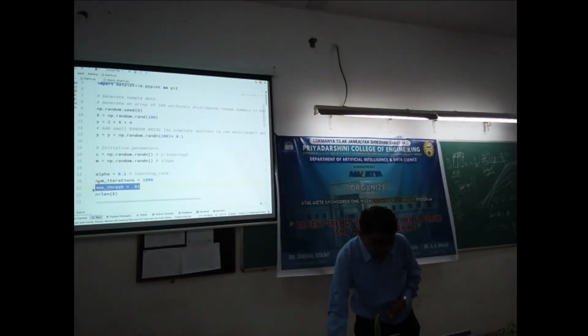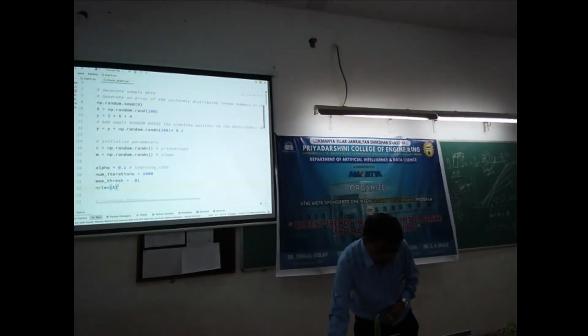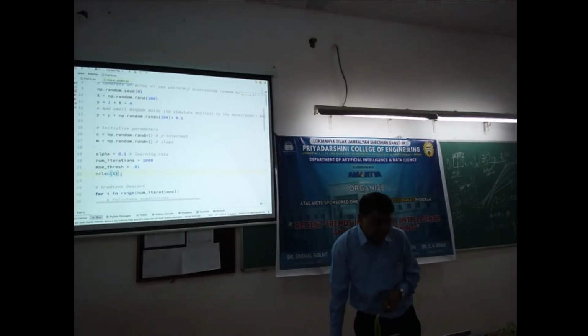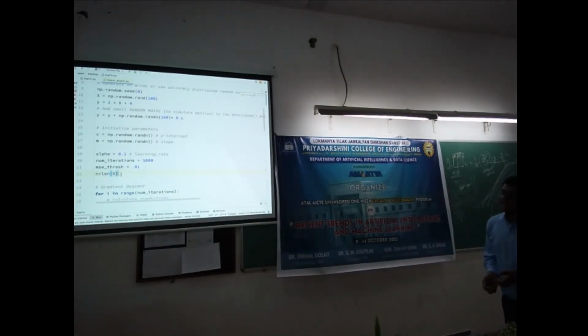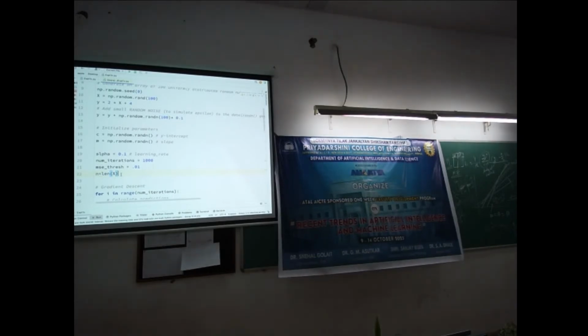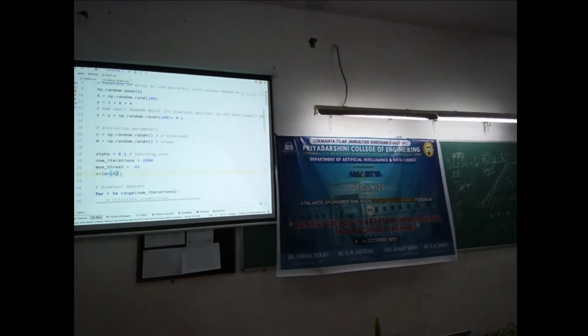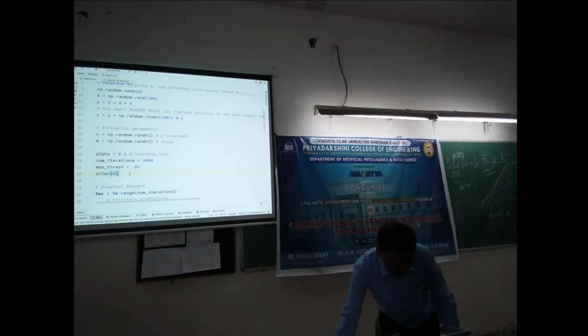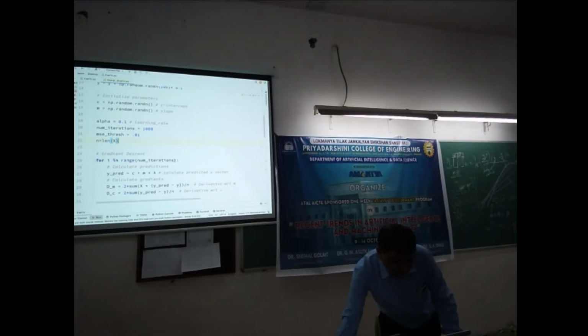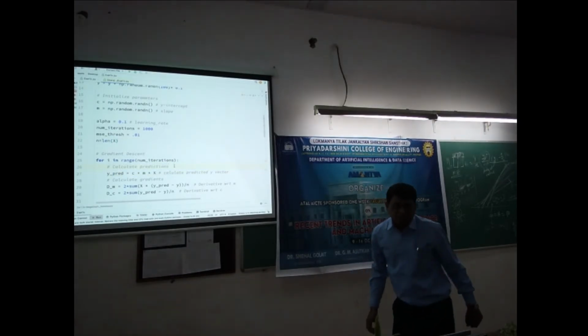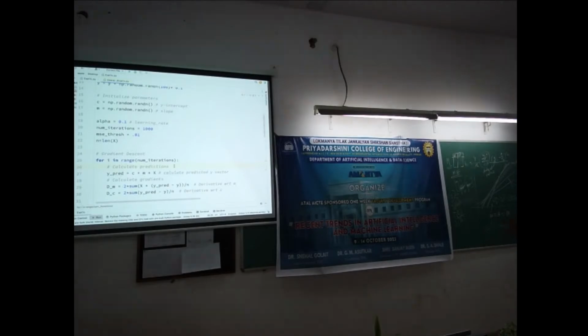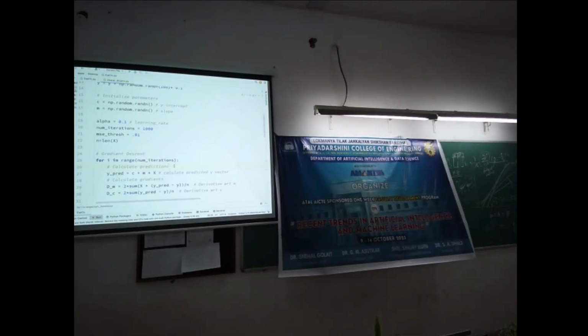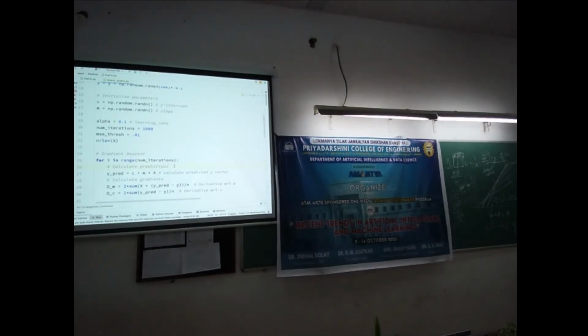Then I have taken n as the length of x, meaning the size of my data set: how many training examples are there. Now for i in the range of number of iterations, I am calculating the prediction. Why prediction? Because whatever m and c are given as initialized parameters, I will get some line.